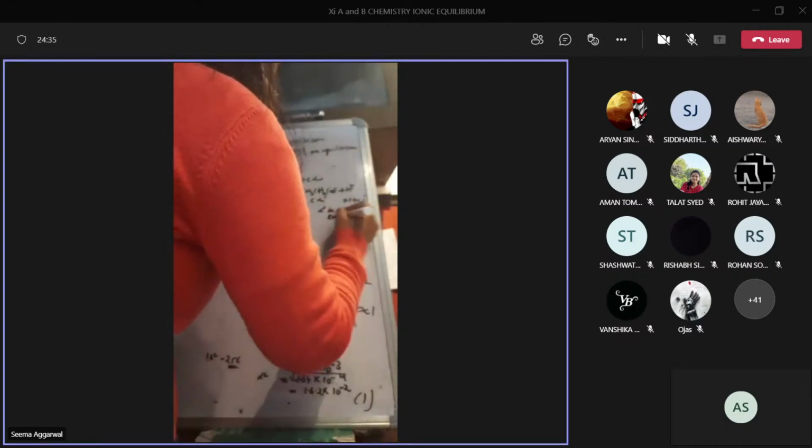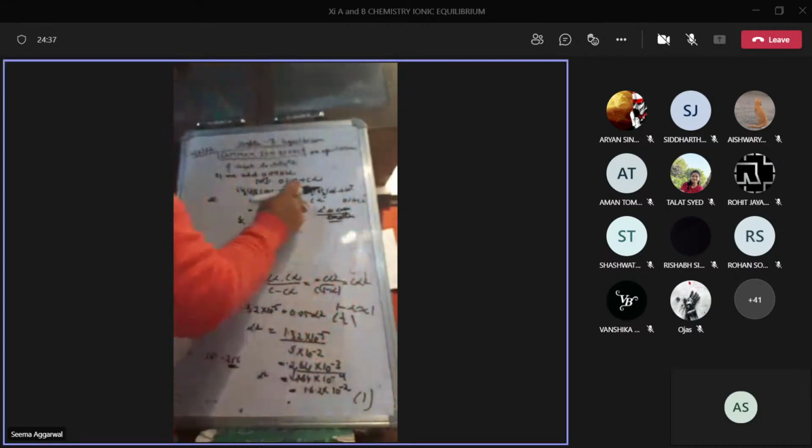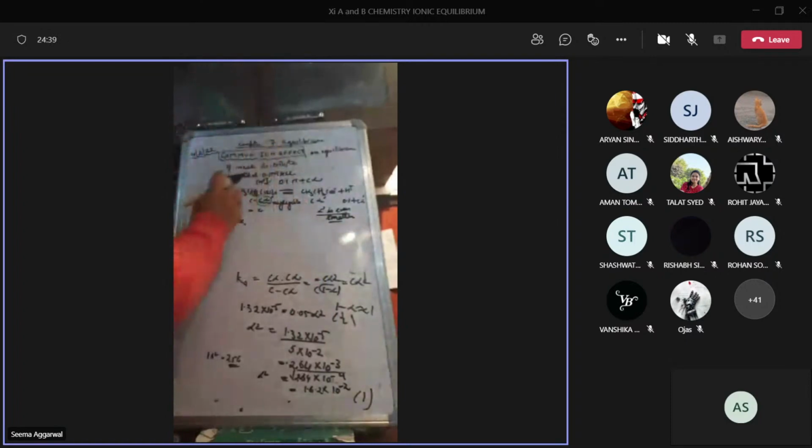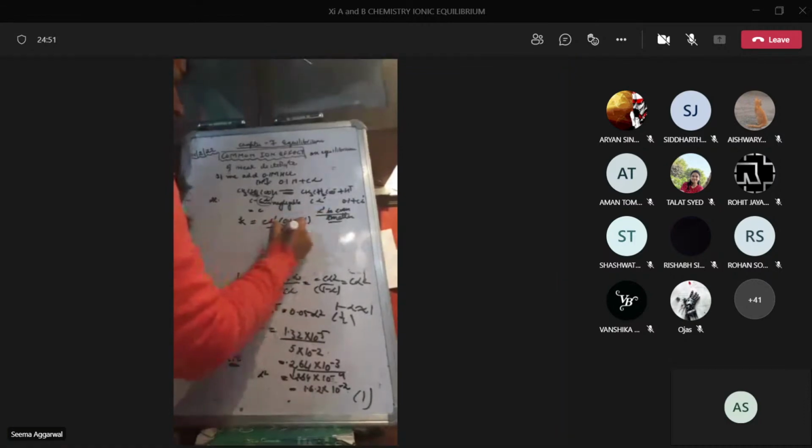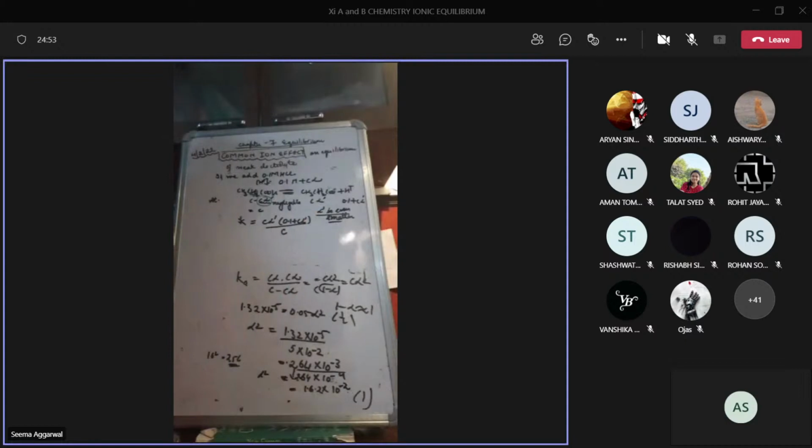So if the new dissociation constant is alpha dash, alpha dash is even smaller, so we can neglect it. So now what is new? K is equal to C alpha dash times 0.1 plus C alpha dash, upon C. Is it okay? So this is how we are simplifying the equation.